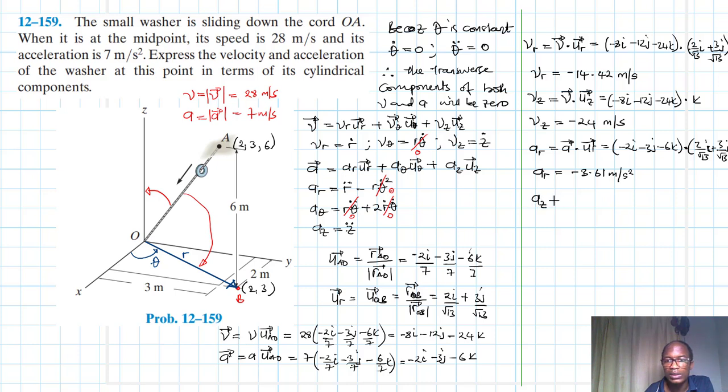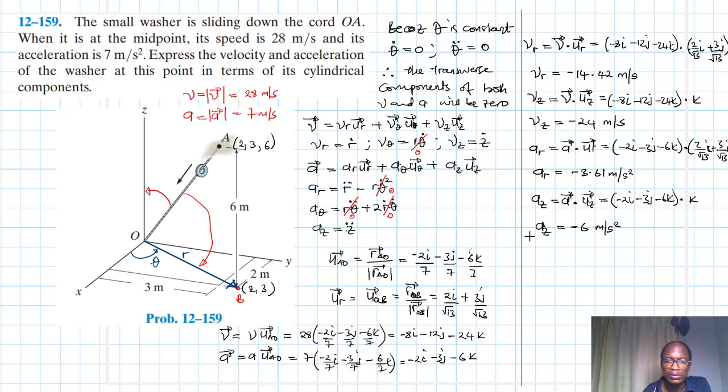And then AZ is equal to the acceleration vector itself dot UZ, which is minus 2i minus 3j minus 6k dot k. And this therefore gives us minus 6 meters per second squared.